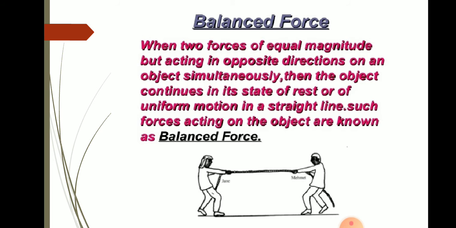So what is balanced force? We can define it as: when two forces of equal magnitude but acting in opposite directions on an object at the same time, that is simultaneously, then the object continues in its state of rest or of uniform motion in a straight line.